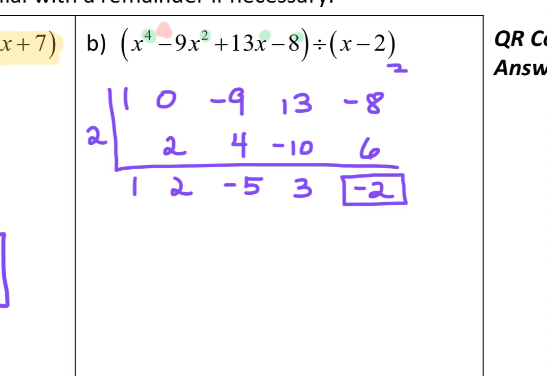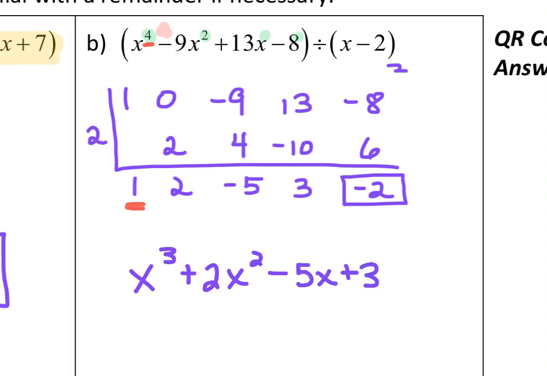Again, we started with x to the 4th, and so our answer is going to start with x to the 3rd. So it's 1x to the 3rd plus 2x squared minus 5x plus 3, and then it's going to be minus, and then a fraction. You're going to get your fraction from the remainder here and what you were dividing by up here; that linear factor is going to be the denominator of your remainder.